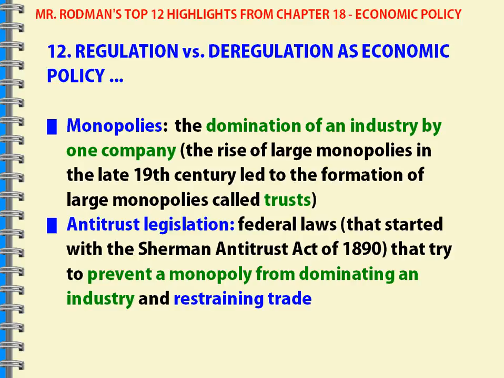We have seen monopolies in particular industries. The trust busters happening during the time of Teddy Roosevelt are a good example in the late 19th century. The idea of breaking those up, the trust busting. We saw the antitrust legislation with the Sherman Antitrust Act trying to prevent different monopolies from taking over an industry and not allowing other people to participate in trade.